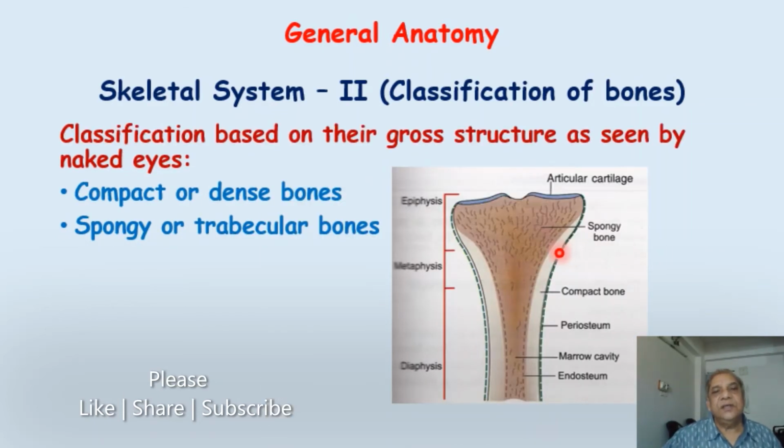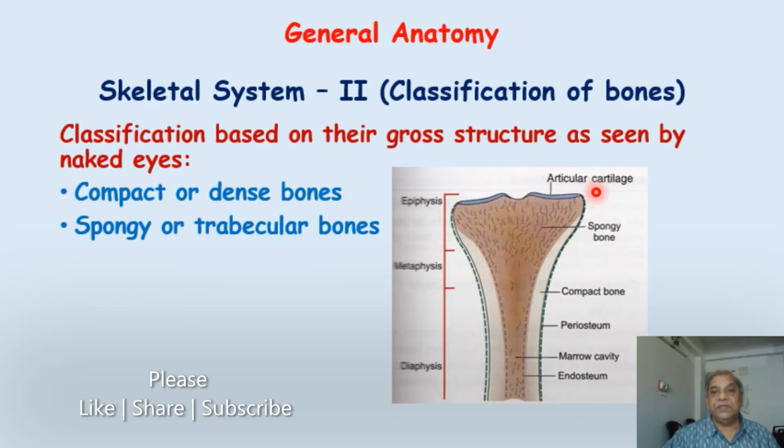This is another classification, and this classification of bones is based on their gross structure as seen by the naked eye. So if you cut a longitudinal section of any bone, as seen here in this diagram, this is the tibia cut in longitudinal section, with the help of your naked eye you can see two different types of bone.